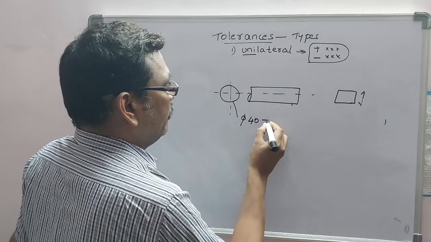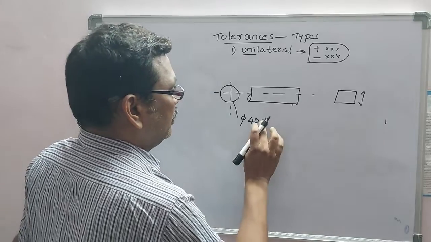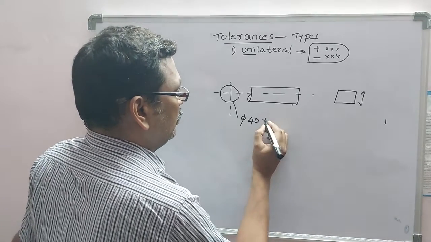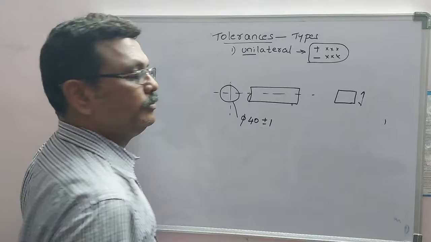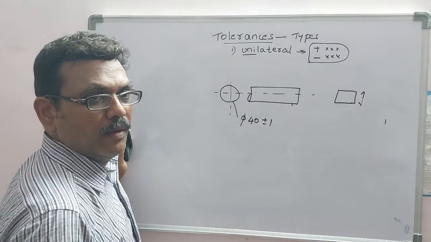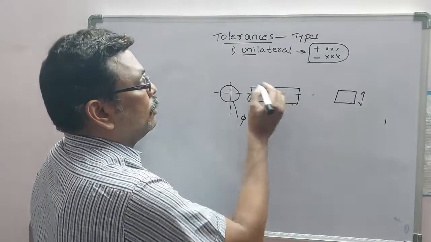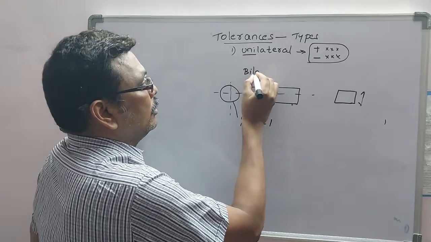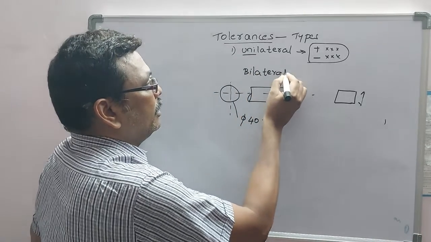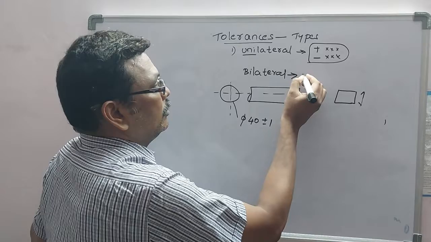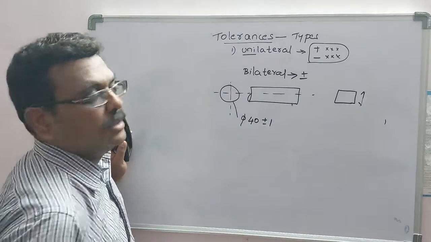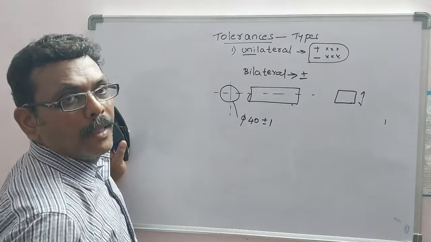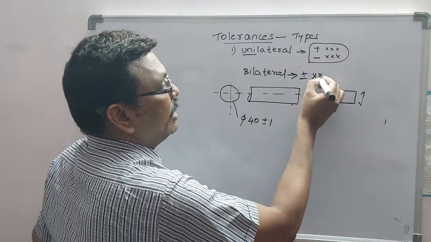Diameter 40 plus or minus 1. This is called bilateral, plus or minus. It is combined and we will get only one value here.